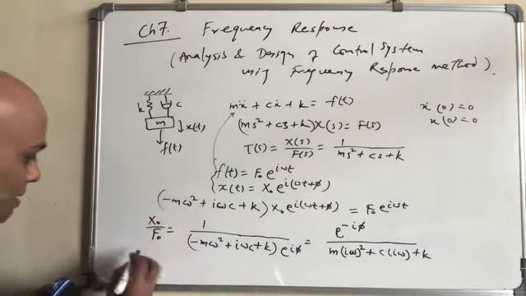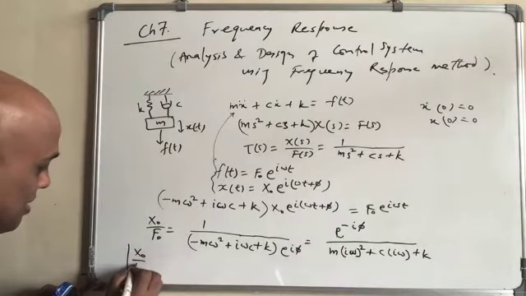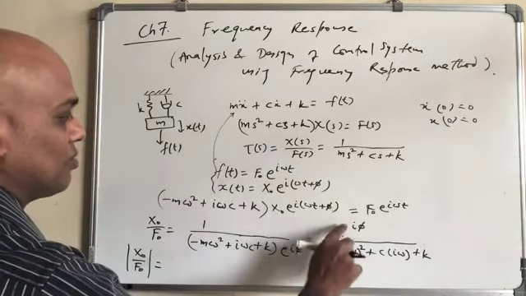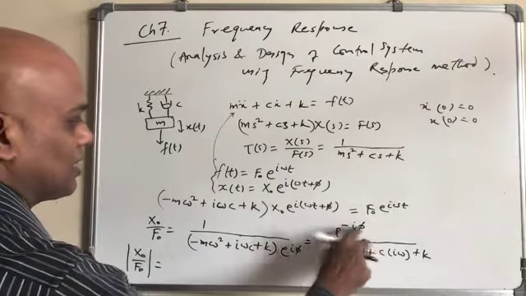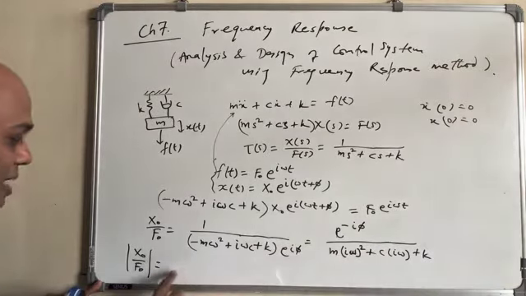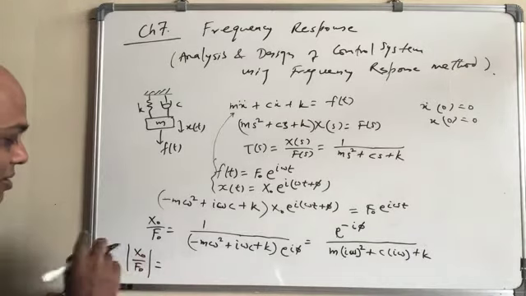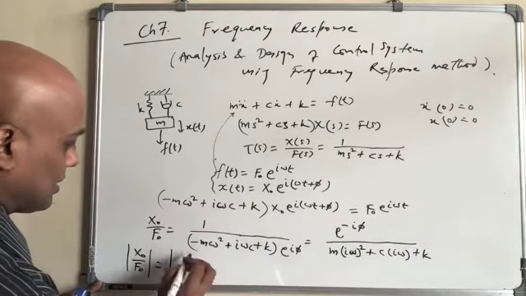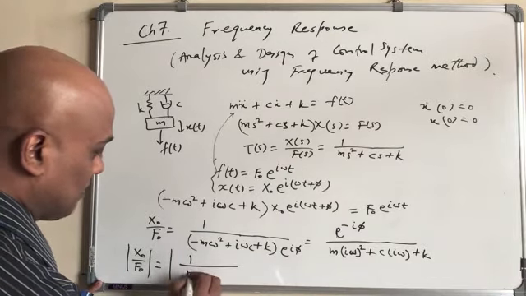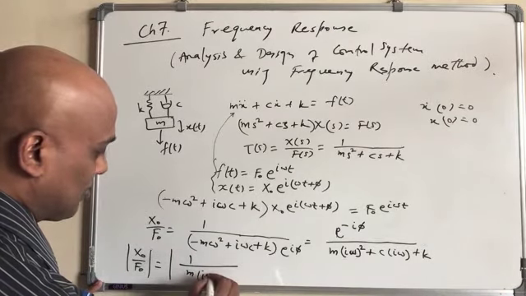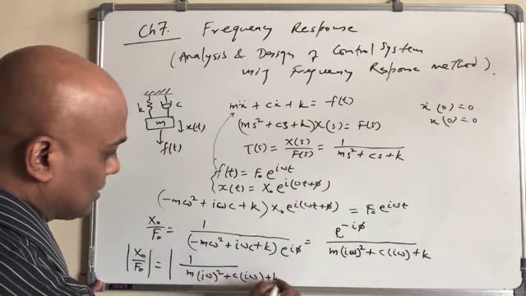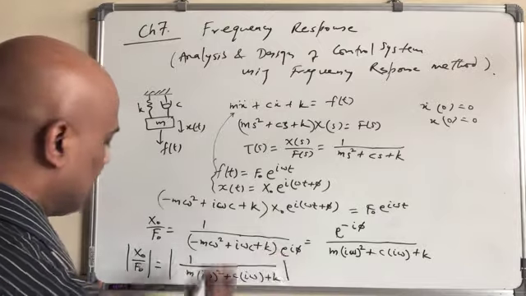Now x naught over F naught, if you take the magnitude, the amplitude of the phase term will be 1, and hence x naught over F naught will simply be equal to 1 over the magnitude of m (i omega) squared plus c i omega plus k.